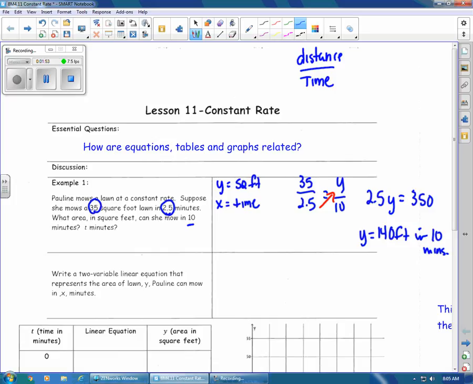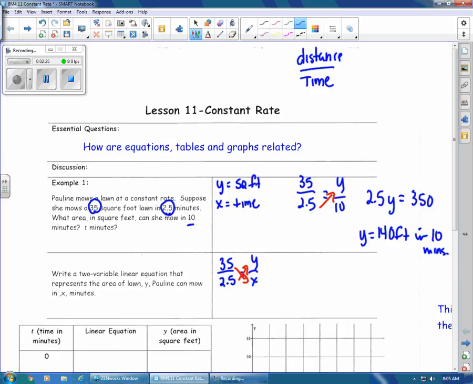Okay. The next part asks us to write a two-variable equation that represents the area of the lawn y Pauline can mow in x minutes. So again, it's just like the lesson yesterday where we're setting up the two-variable equation with y isolated on the left-hand side. So 35 over 2.5 is equal to y over x, cross multiply.